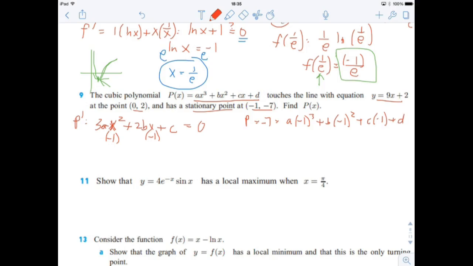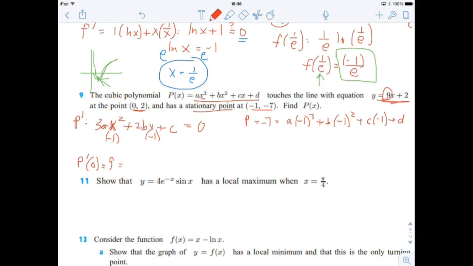And we know something about this equation here. It touches the line y equals 9x plus 2 at the point (0, 2). So p dash at 0 is going to give us 9, because it touches the line 9x plus 2, so the gradient is 9 at 0.